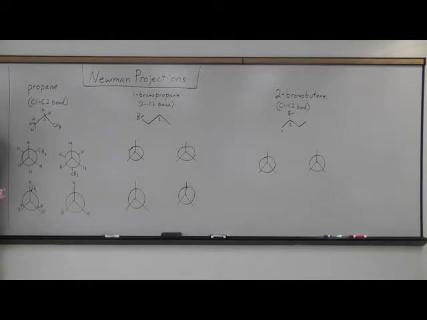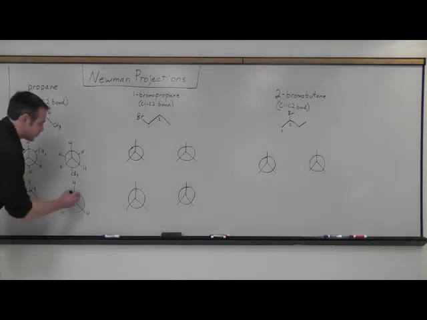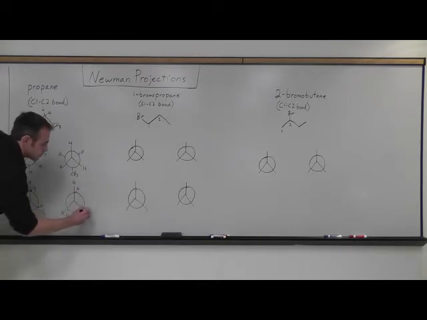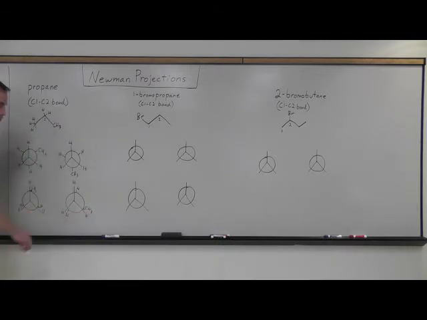But in any eclipsed conformation, you're going to see that. And so, for example, we can draw another eclipsed conformation over here. Now the methyl group is rotated down and is directly behind this hydrogen on carbon number 1.